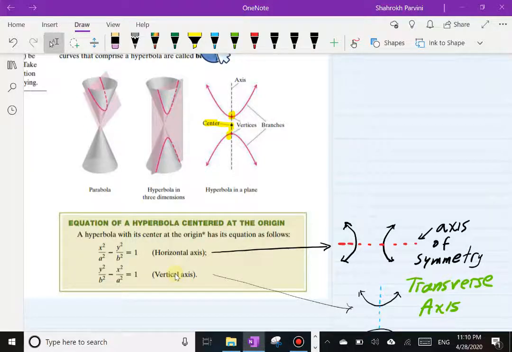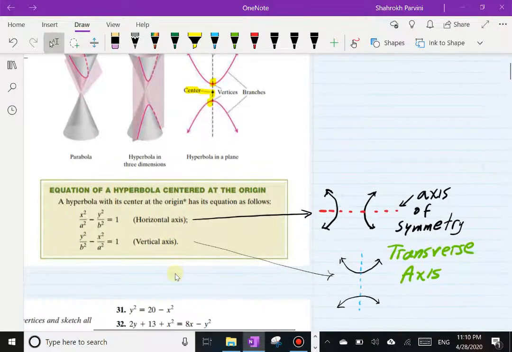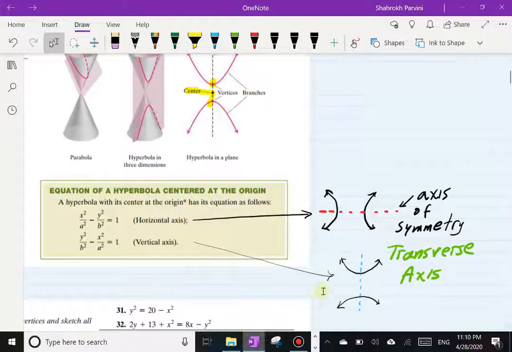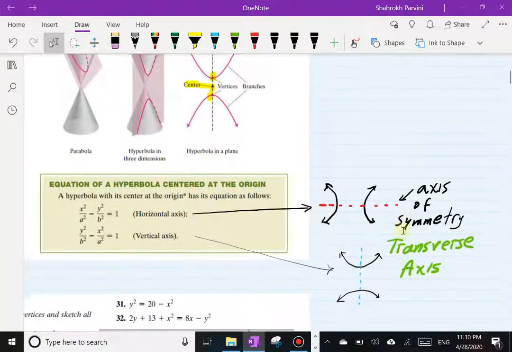Now, the axis of symmetry, by the way, is also called the transverse axis. Remember, the word transverse here means a side-to-side line that is drawn relative to some forward direction. So, again, the axis of symmetry of the hyperbola is also known as the transverse axis.